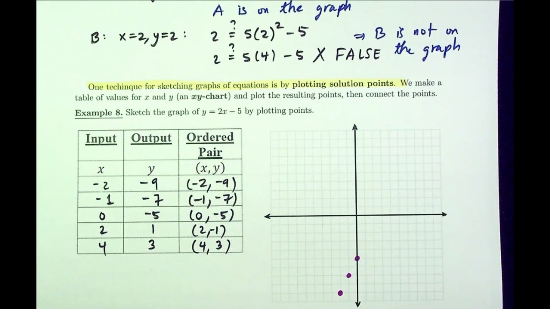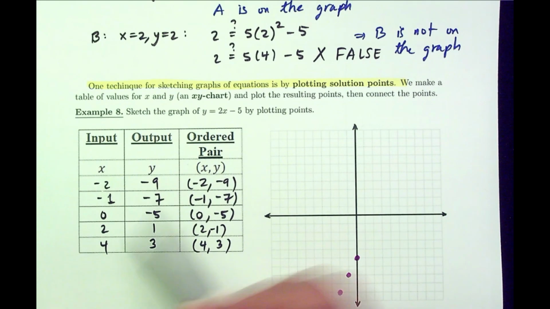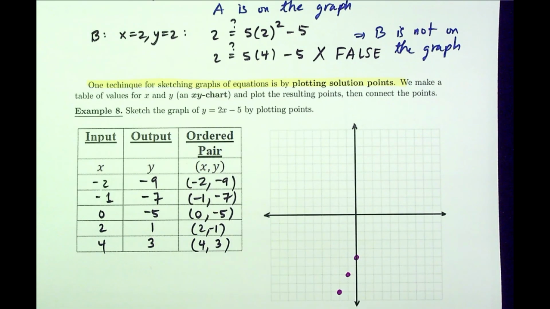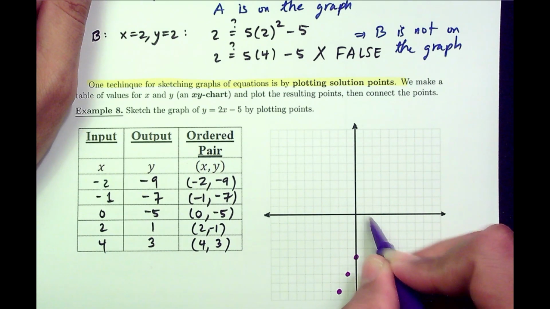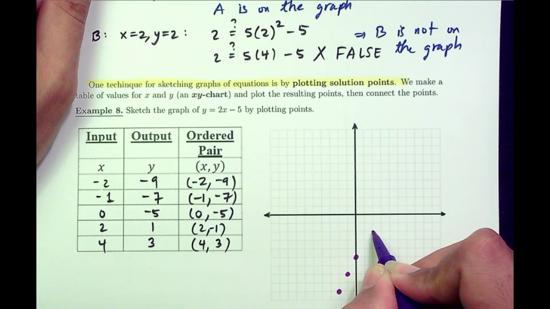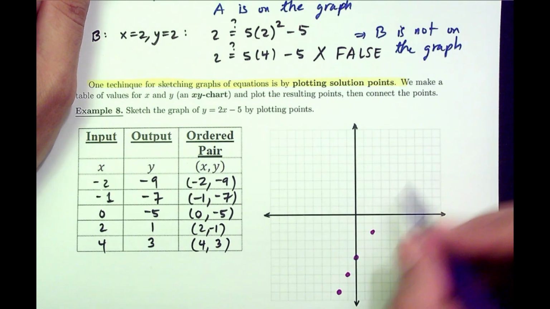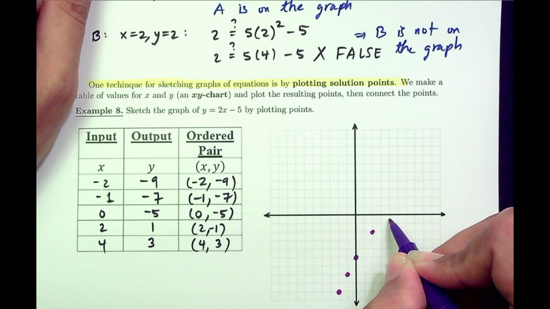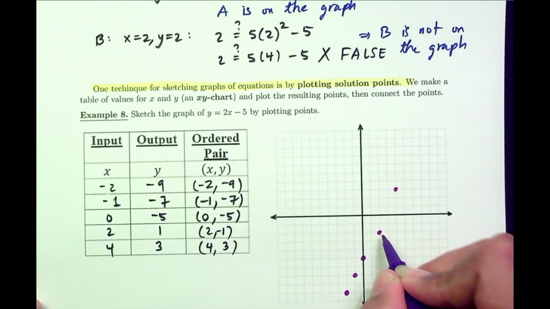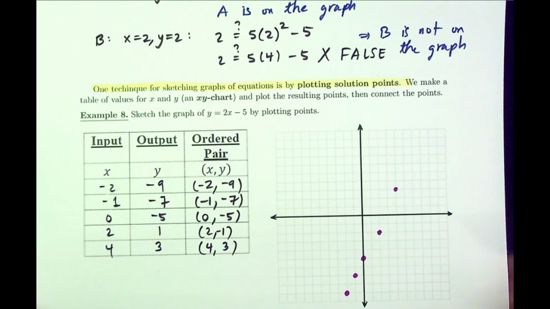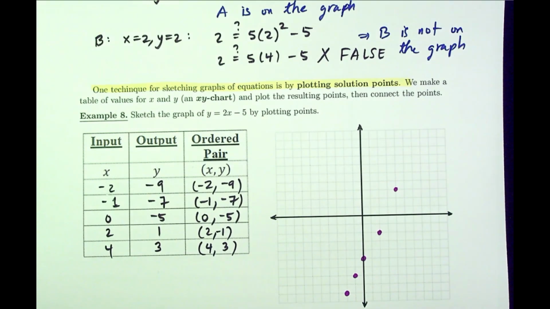So 2, -1. And then when you plug in 4, you get 3. Okay. So you see, those are the points of our graph, and it looks like a line, and it is indeed a line.